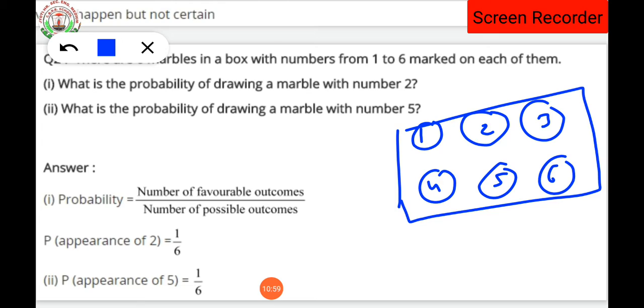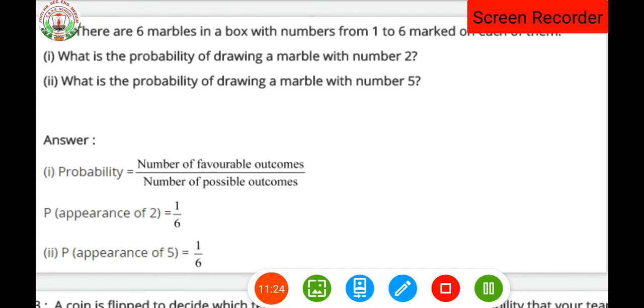Number of favorable outcomes upon the total number of possible outcomes. So probability is equal to how many times any marble is having the number 2? Only one marble is there, so that comes in the numerator, and the total number of marbles is 6. So what will be the answer? That is 1 by 6.